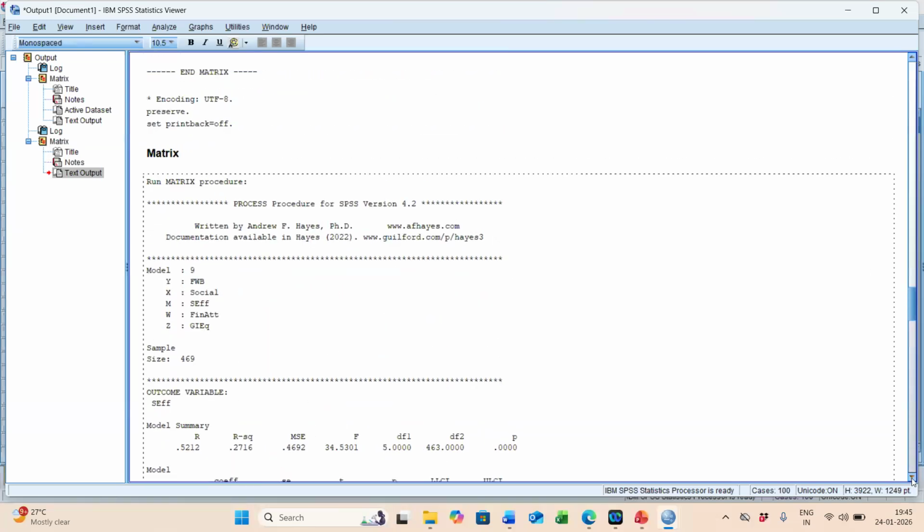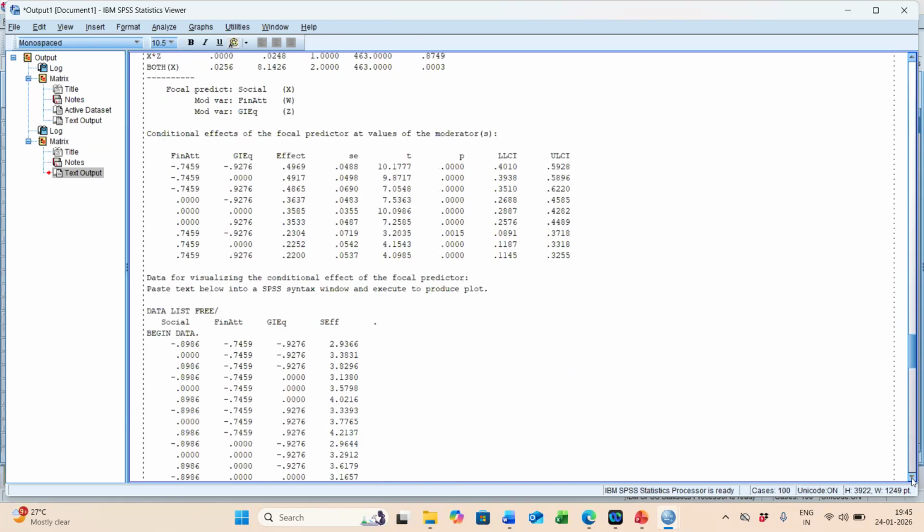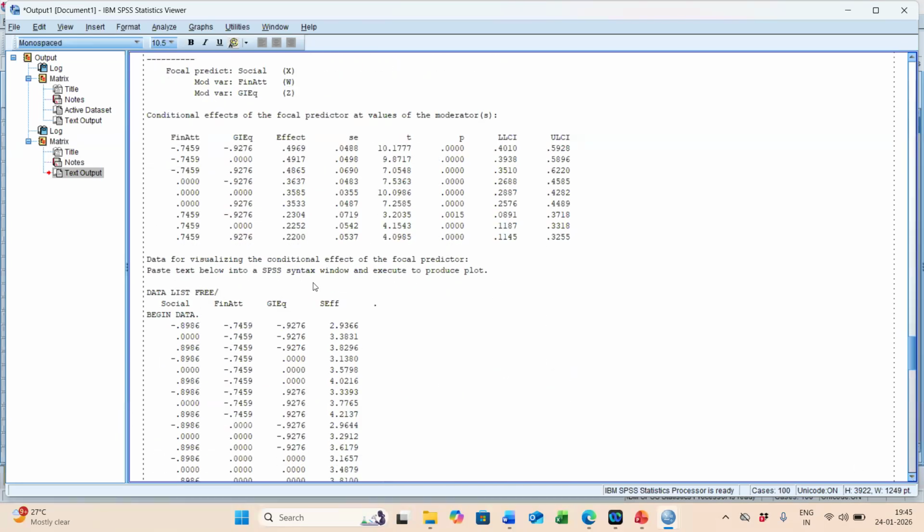At the lowest level of financial attitude and the highest level of gender equality. I hope you can understand. We are actually taking the moderating variables at three different levels. That is least level, mean level, and highest level. Least level means x bar minus 1 standard deviation. Mean level is at 0.